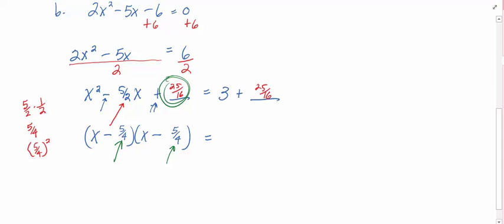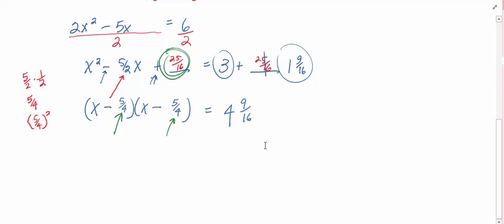Now let's take a look at the right-hand side, and I really do want to make this 1 and 9/16, because that 1 and 9/16 plus 3 is going to be easy to add in my head, making that 4 and 9/16. Now I can consolidate, and let's just not get all anxious about the fractions.